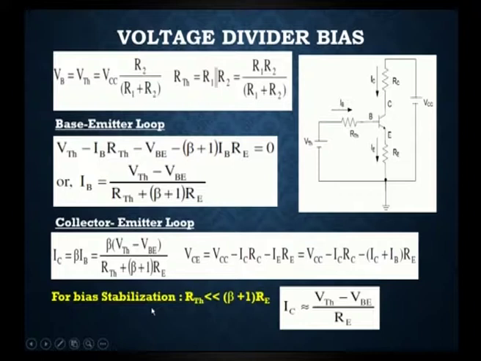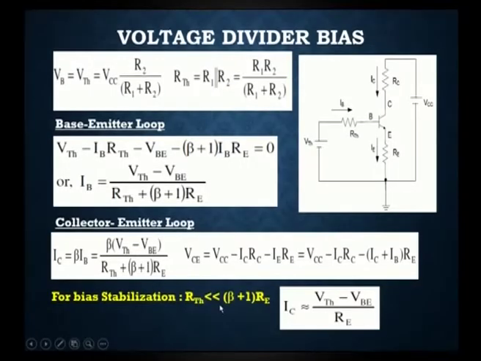For bias stabilization, the important point we need to know is that the Thevenin resistance should always be very much lesser than beta plus 1 into RE. So this RTH we can neglect here, since beta plus 1 into RE is very much greater than RTH.